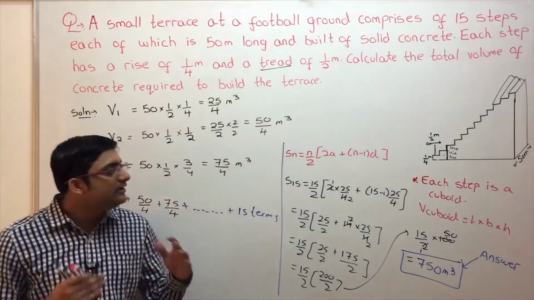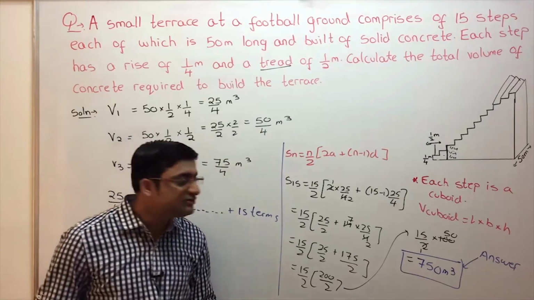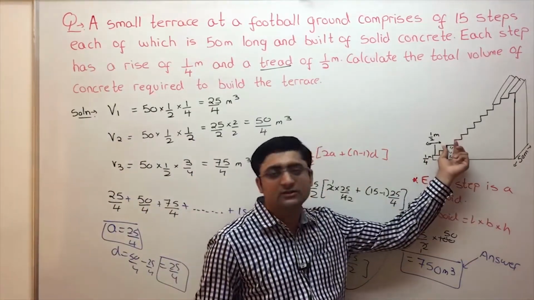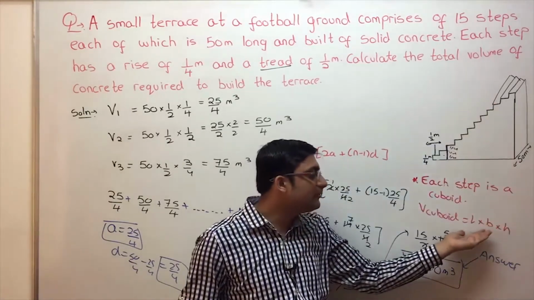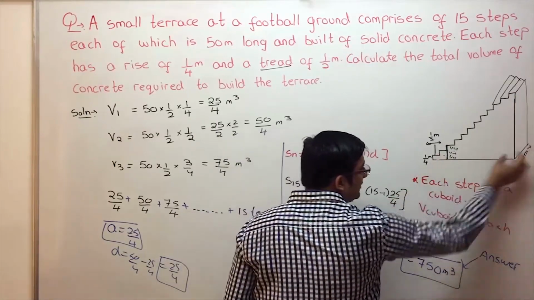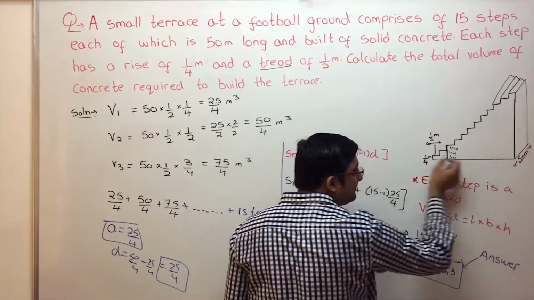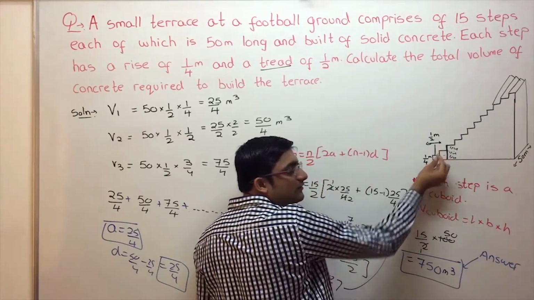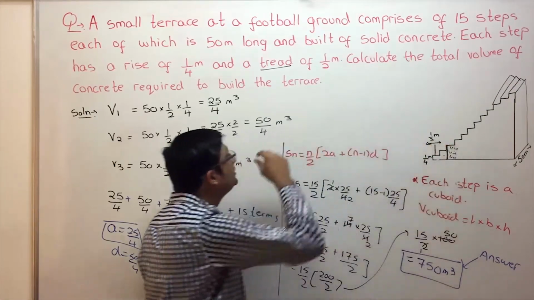Is this clear? Whenever we have such questions, the first step is to get the first three terms: the volume for the first step, the second step, and the third step. Each step is in the shape of a cuboid, and the volume of a cuboid is length into breadth into height. For the first step, breadth is half and height is 1/4. For the second step, length and breadth are the same, and the height is 1/4 plus 1/4, that is half. For the third step, the height is 1/4 plus 1/4 plus 1/4, that is 3/4.